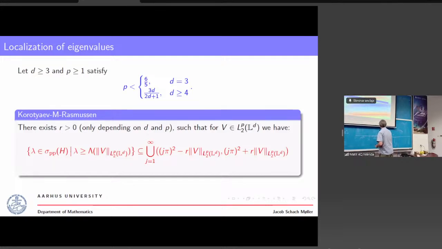And the size of this window is uniform in energy. So the size of this window scales with some constant r times the L^p norm of the potential.